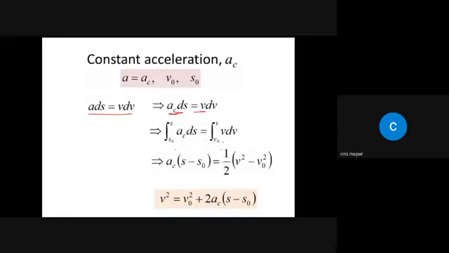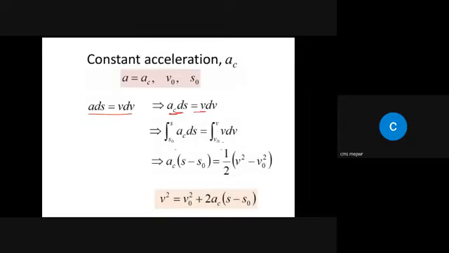Since a is constant, when you take it out, the only integral you will get is for ds, so we will get s, and the limit will be s naught. When you put the values, we will get s minus s naught.